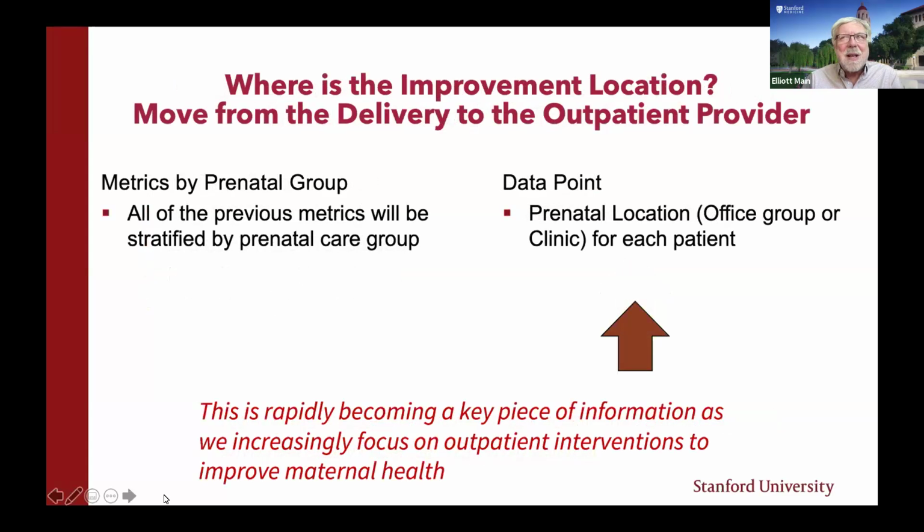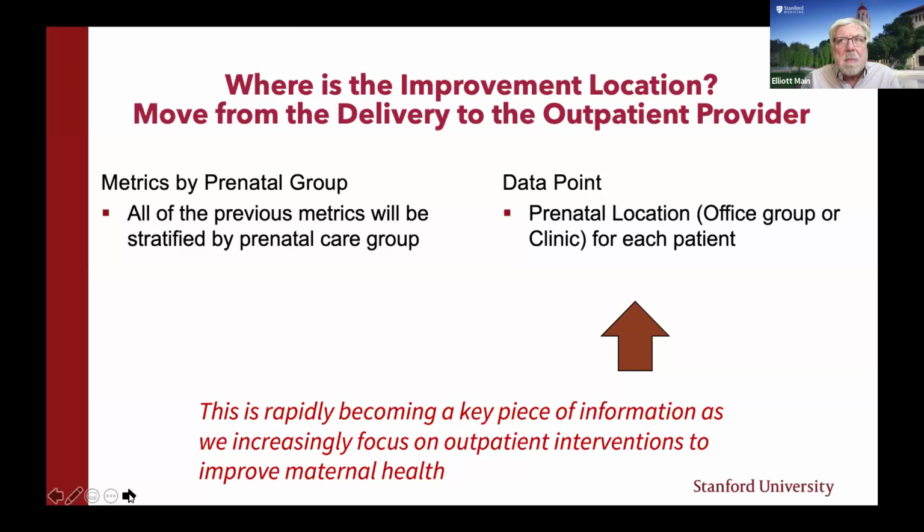This is really going to end up being an important part of this picture, because we really want to be able to tie the anemia measures to the prenatal care site, because that's where you're going to get your feedback, because this is obviously an event that occurs during prenatal care, not at delivery. The data center already has the ability to identify each patient's location of prenatal care.